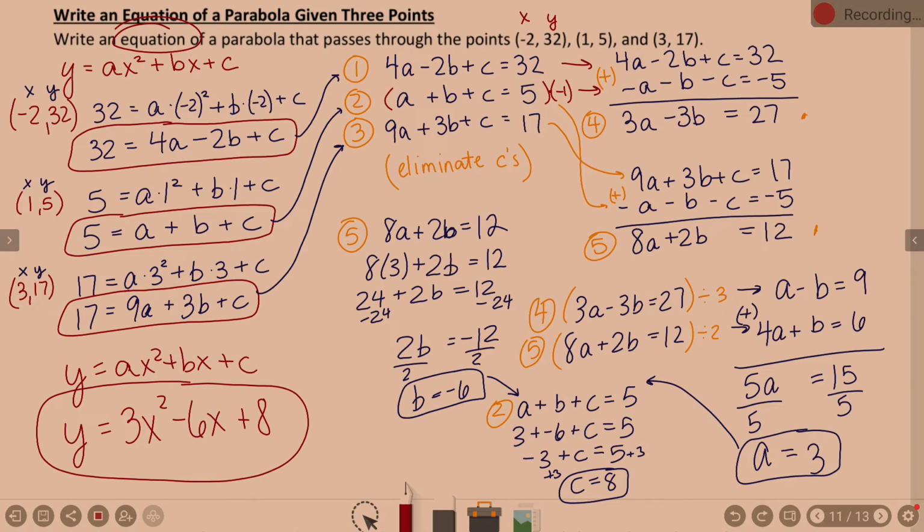Some of us are working ahead on the next one. Some of us are still trying to get this one down. Questions? Are we good? You guys have what you need from this screen. You can go ahead and start figuring out how to fill in the next one.